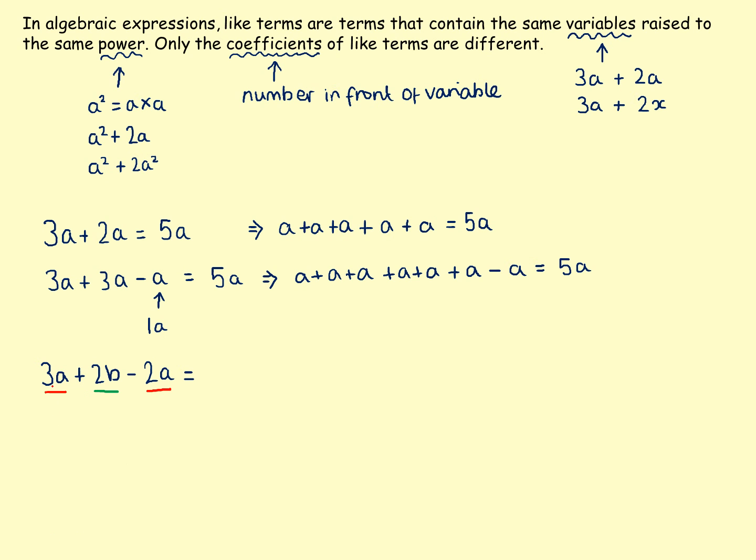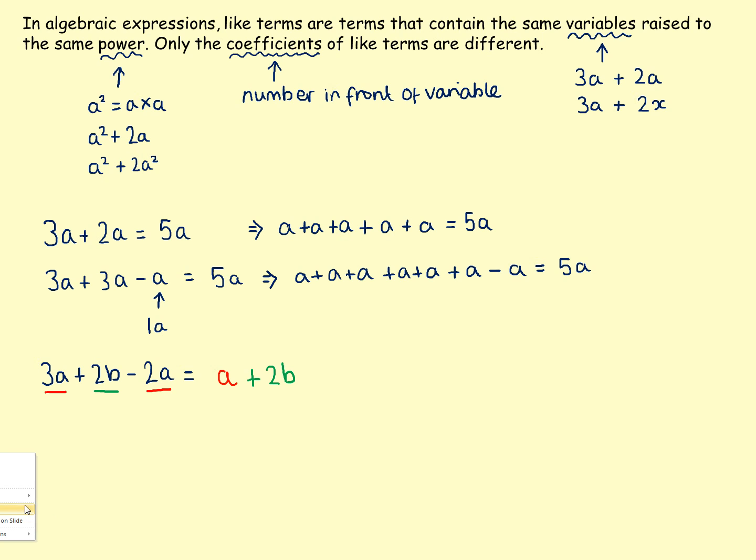So we can only collect together the a's here. So we've got 3a minus 2a, gives us 1a on its own, and then we've got plus 2b. We can't put this plus 2b with anything else because there's no other b's in the expression, so that leaves us with a plus 2b, and that would be that expression simplified as far as possible. We can't take it any further because a and b are different variables, so we can't collect them together.